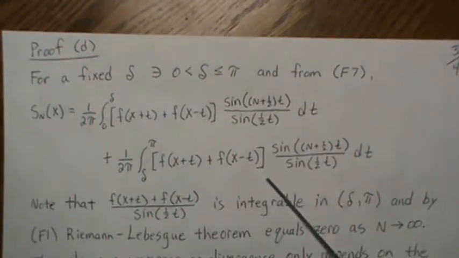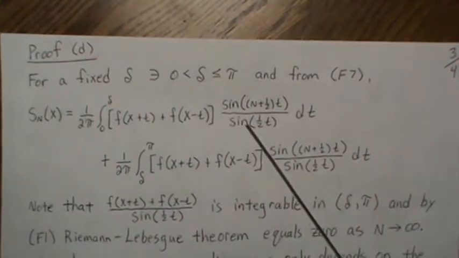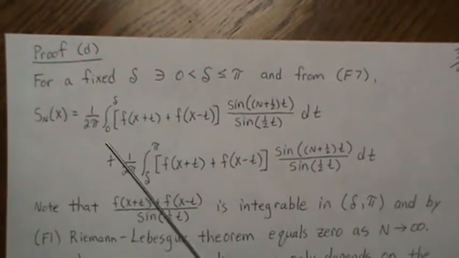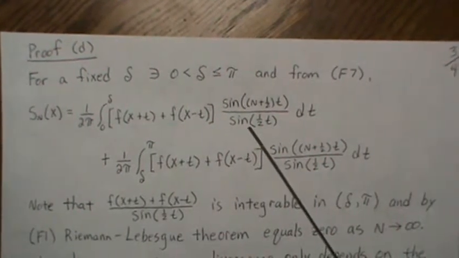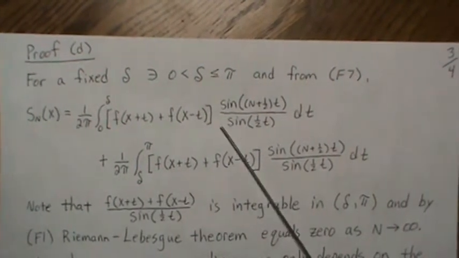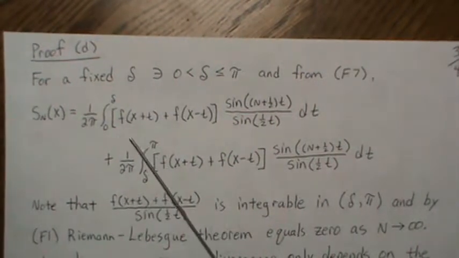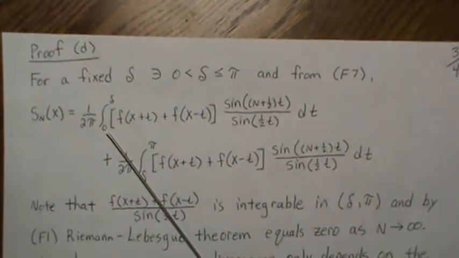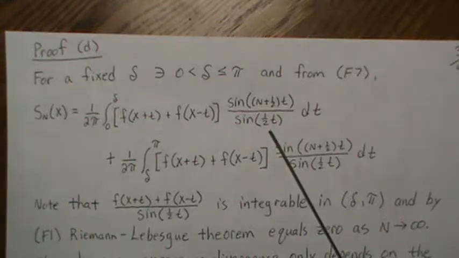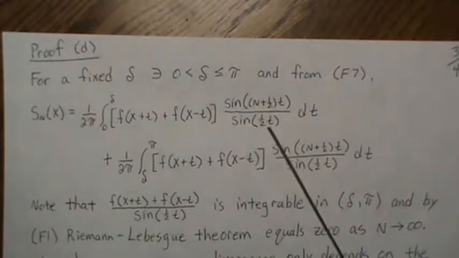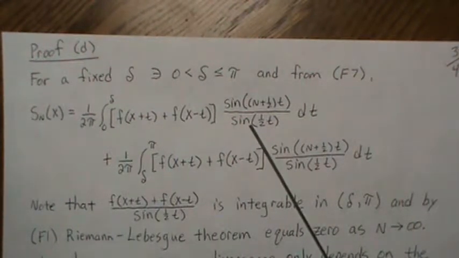Now, if we look at this piece here, you might say, well, can't we just use the Riemann-Lebesgue theorem and say this goes to 0? And the answer is no, because if you look at 0 here and plug it in for this denominator, that's 0, and you can't divide by 0.